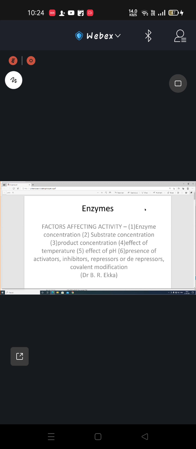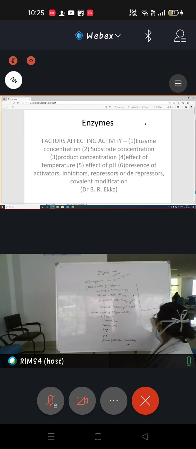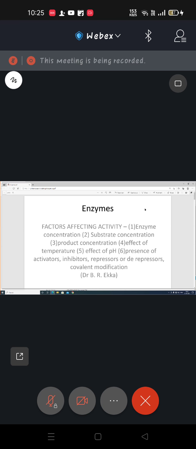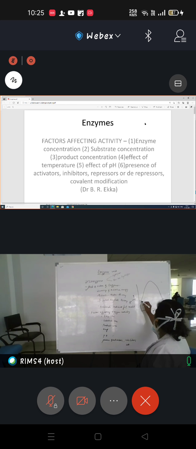But what happens in an enzyme catalyzed reaction? If we draw a graph of free energy against reaction time, the non-enzyme catalyzed reaction goes this way.